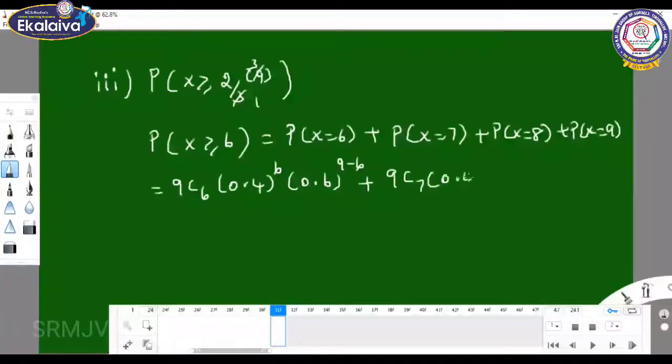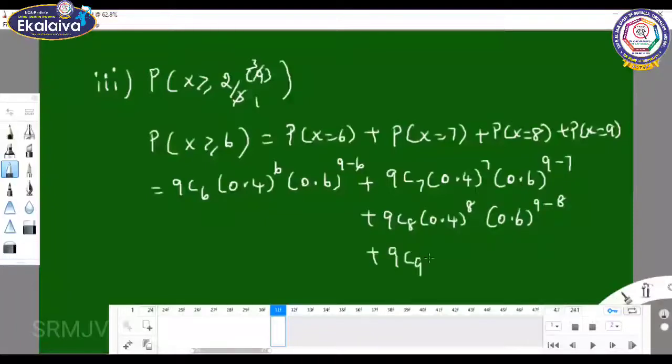Plus 9C7, 0.4 whole power 7, 0.6 whole power 9 minus 7, plus 9C8, 0.4 whole power 8, 0.6 whole power 9 minus 8, plus 9C9, 0.4 whole power 9, 0.6 whole power 9 minus 9.